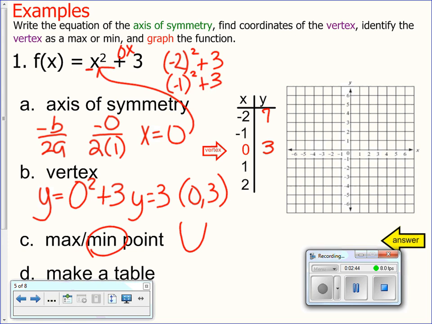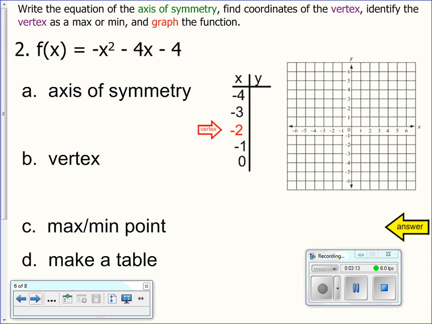Negative 1 squared is 1 plus 3 is 4. If I plug in 1 squared plus 3 is also 4, and 2 squared plus 3 is 7. These always have to be the same. So if I graph it, negative 2, 7, negative 1, 4, 0, 3, 1, 4, and 2, 7, I get a parabola. Make sure to put arrows at the end.